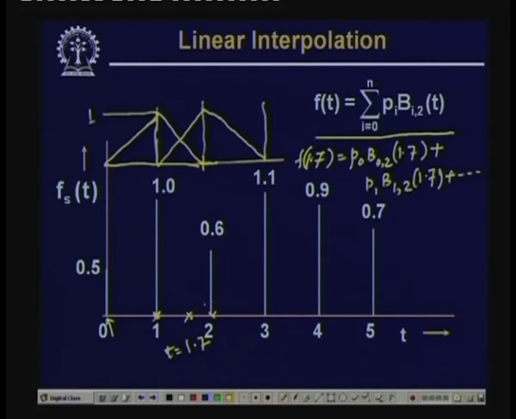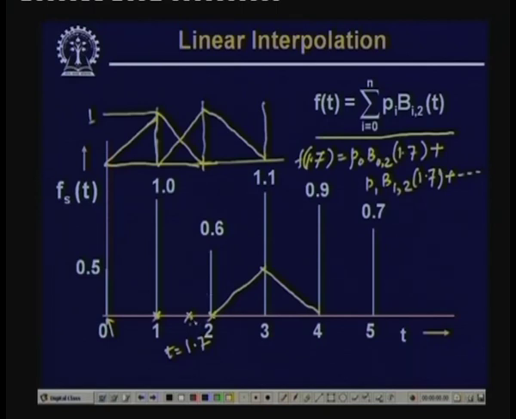Contribution by the sample value f 2 is given by b 2 to 1.7, but b 2 to 1.7 is equal to 0 at t equal to 1.7, because b 2 is something like this. So, the value of this function is 0 at t equal to 1.7.